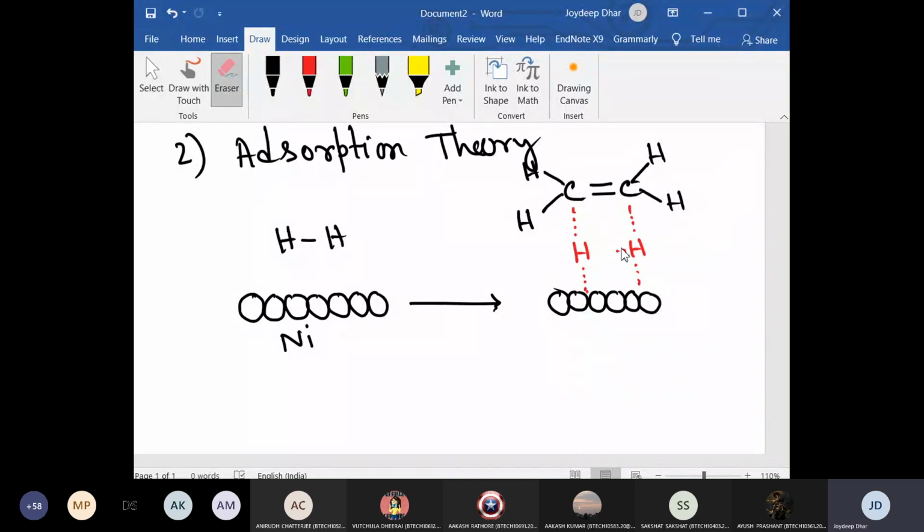This bond will break, and then you can write, when carbon is making bond with the hydrogen, that means it will not be a full double bond, it will be a partial double bond, and then in the next step, the new bond between carbon and hydrogen will form.